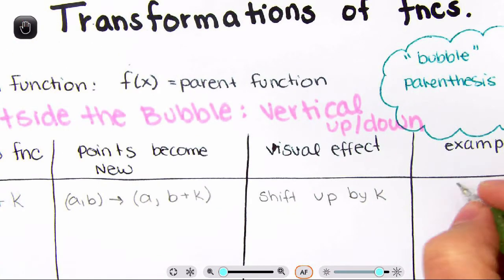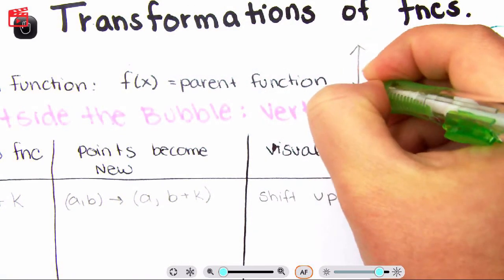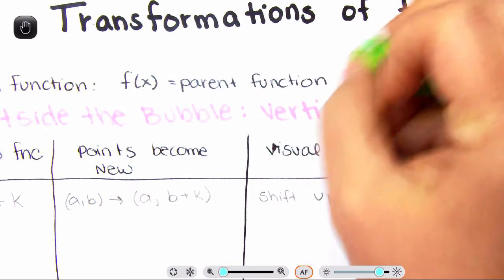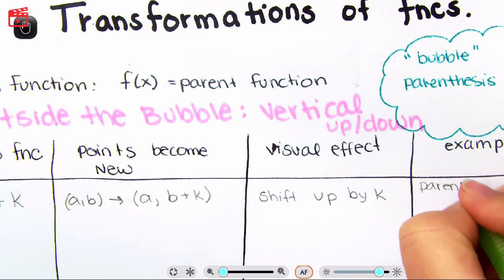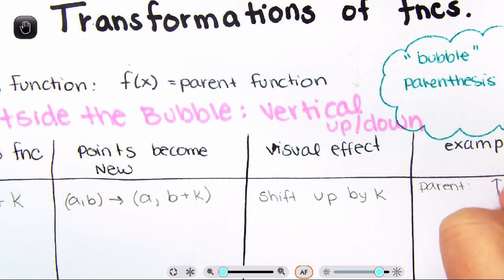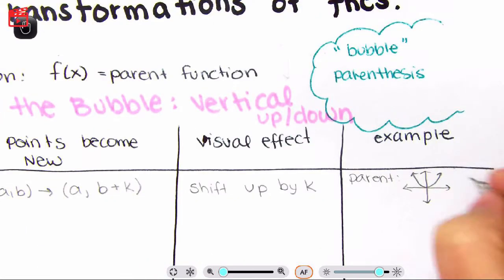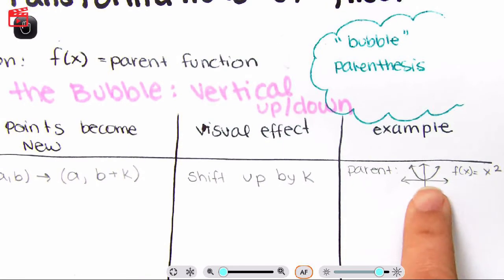Let's say we have a parent function. Here's my parent, and that is going to be f of x equals x squared. This is how my parent looks.